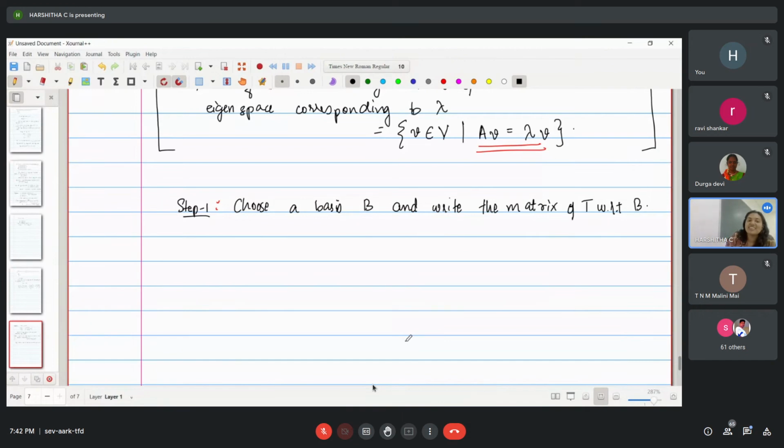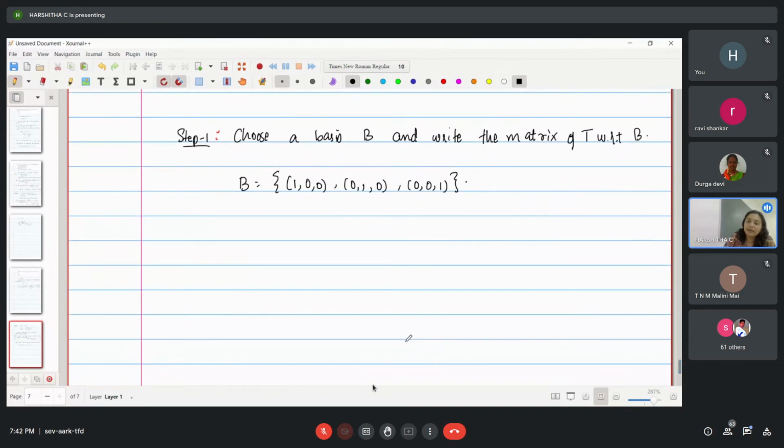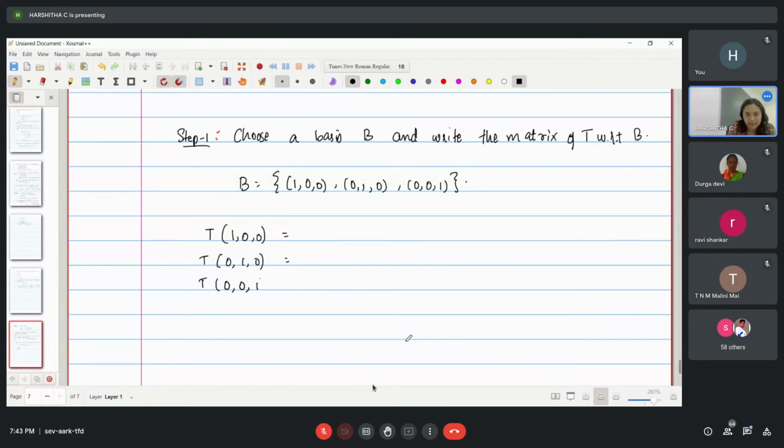Since it is R3, whenever we have a choice we would like to choose the easiest one, so we'll just choose the standard basis. You find P of each of these basis vectors: P of (1,0,0), P of (0,1,0), P of (0,0,1).